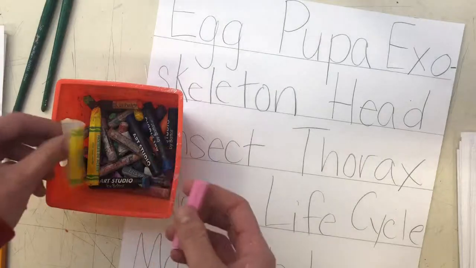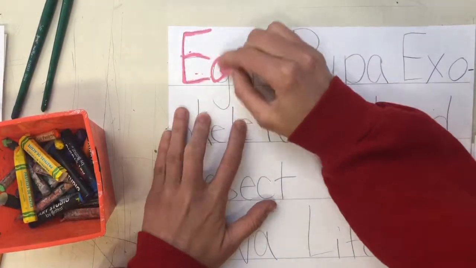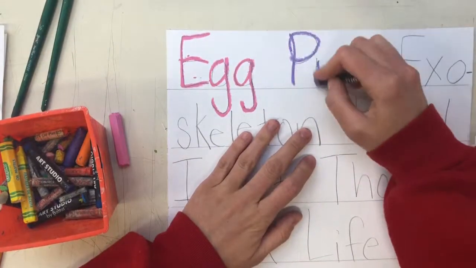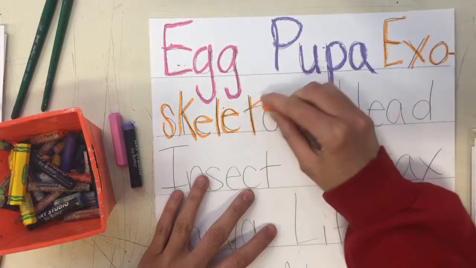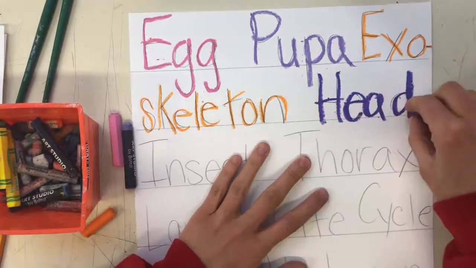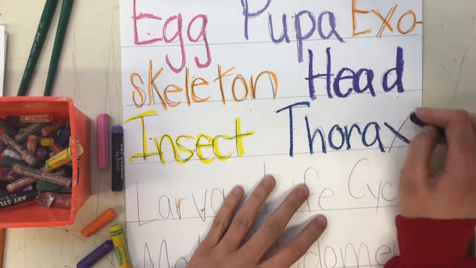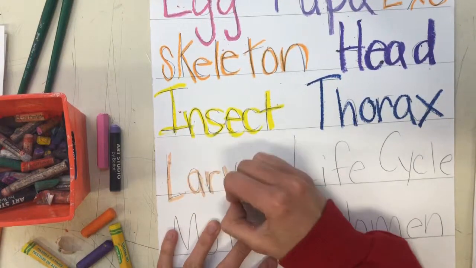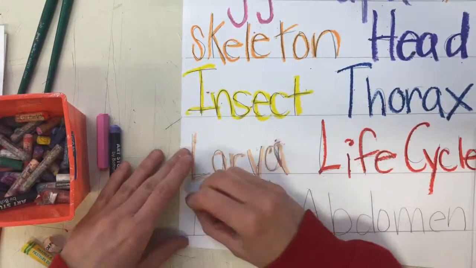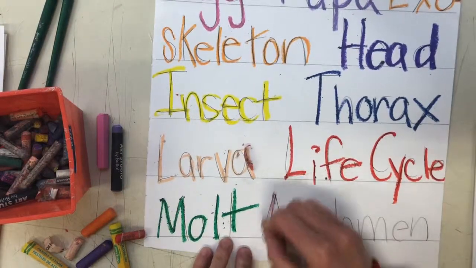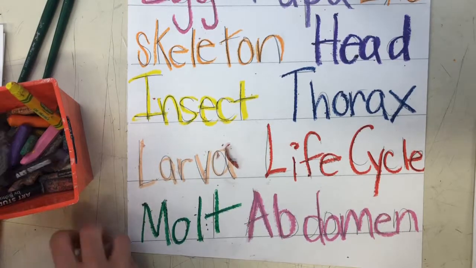So I'll go ahead and go into fast motion and do that, but you want to press pretty hard when you do it because we're going to paint over these, okay? Look at those pretty vocabulary words.